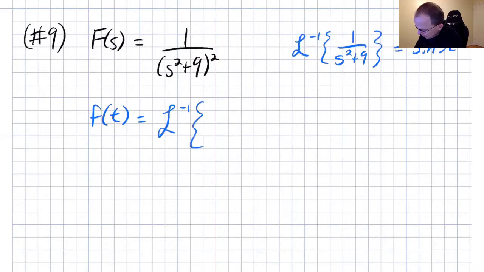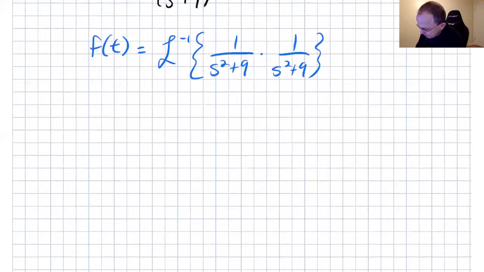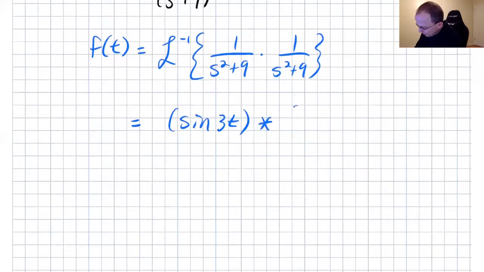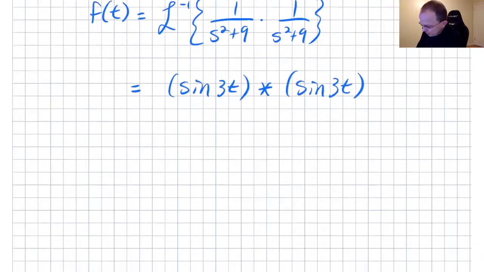So we have 1 over s squared plus 9 times 1 over s squared plus 9. So this is going to be sine 3t convolved with sine 3t. Okay, so in this case, it doesn't matter what order we do it in. It's the same thing either way.